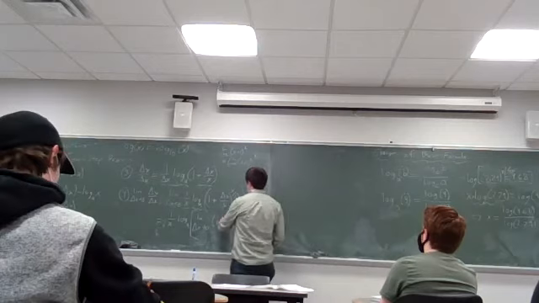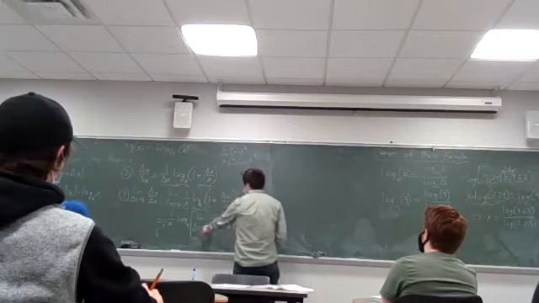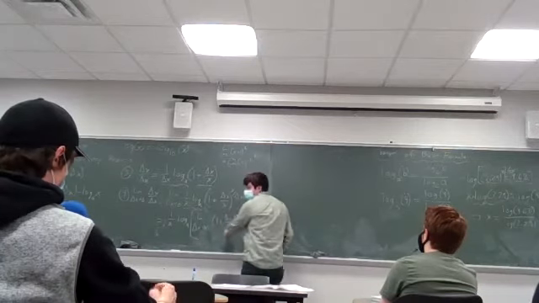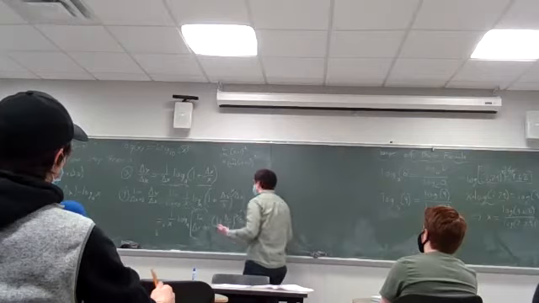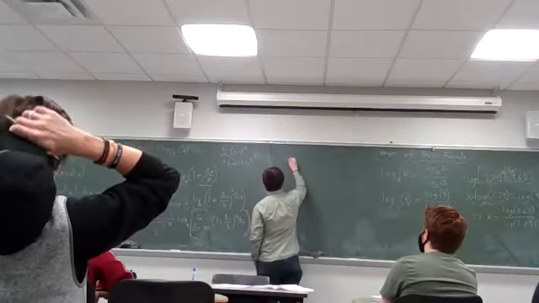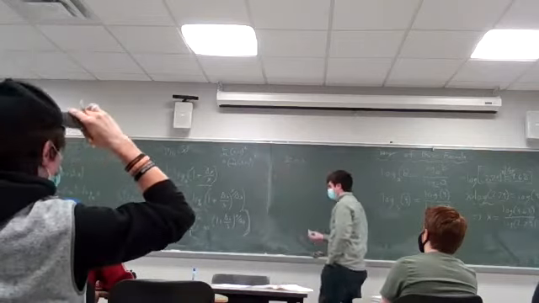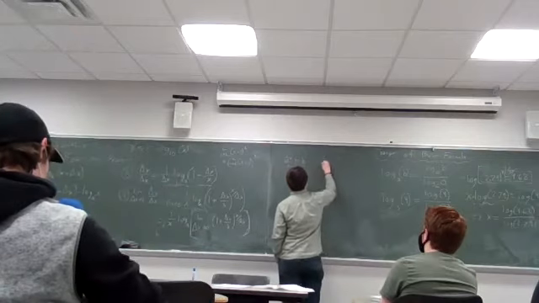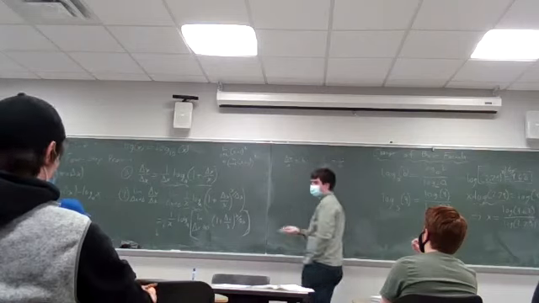I'm going to give everything a name here to help out a little bit. We have delta x over x, and we have x over delta x. Those are just inverses of each other. So I'm going to give delta x over x a name. I'll call it h. Which means, of course, that x over delta x equals 1 over h, because I just flipped it.